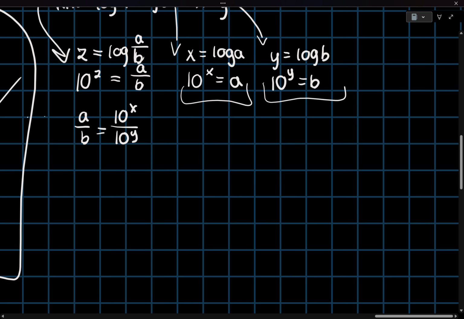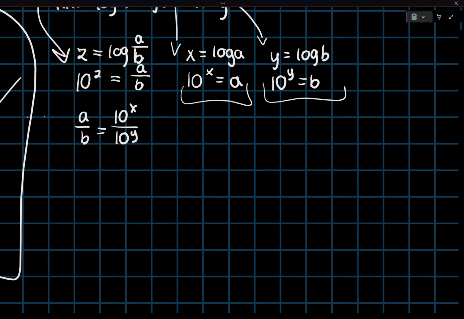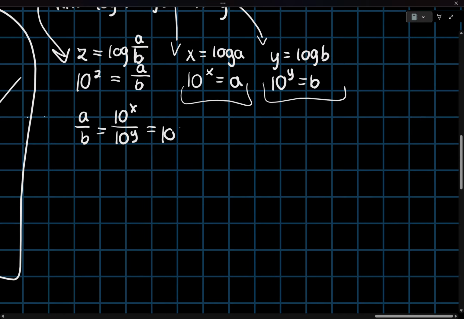And again, from the power rules, when we divide something to the power of something by the same base, we just subtract the powers. So that will be 10 to the power of x minus y.